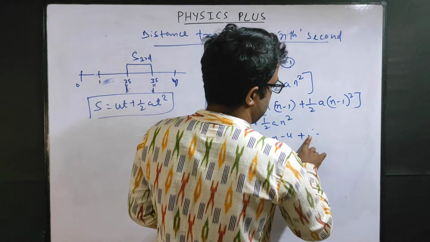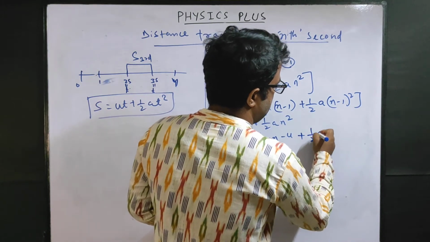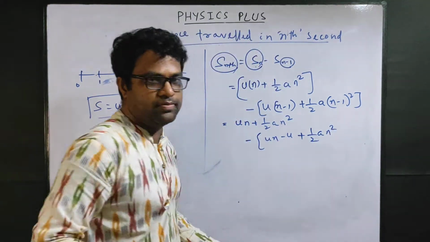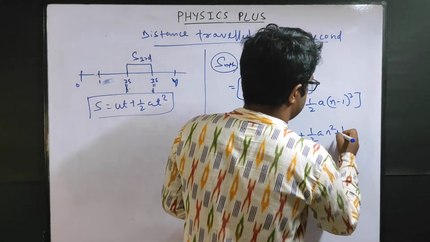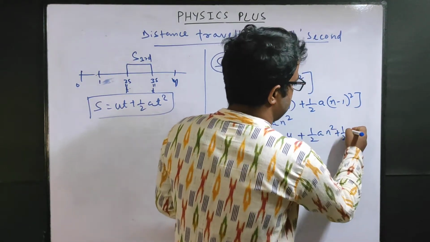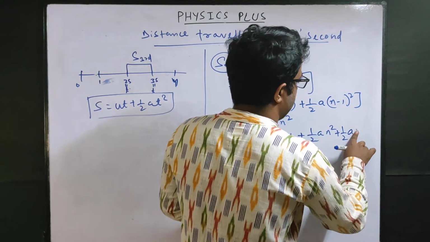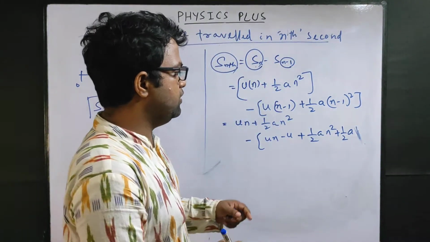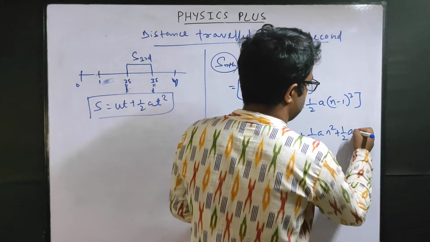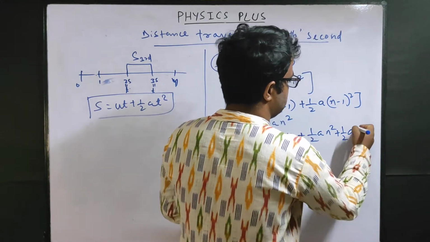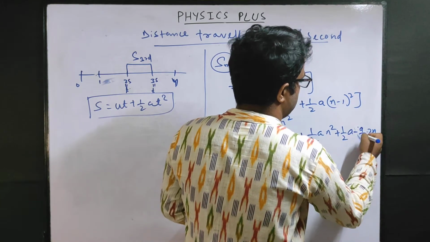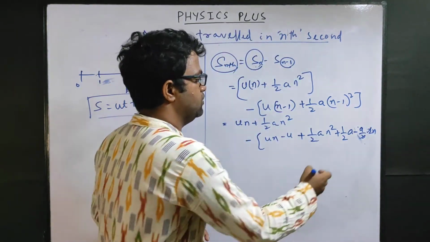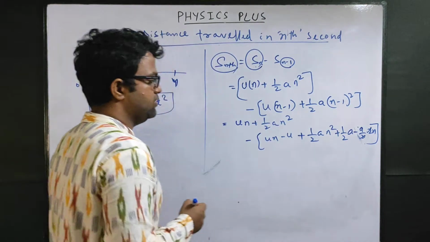So 1 upon 2 a n square, plus 1 upon 2, 1 square is 1 a minus 2ab, so 2n into minus, so a by 2 into, this is 2n, 2 cancel out, so this is your right side, right?